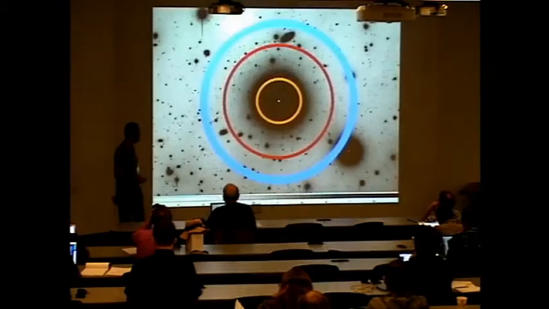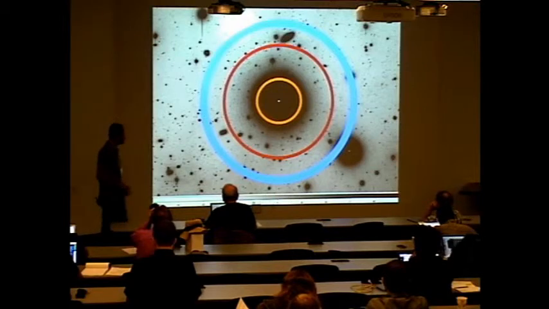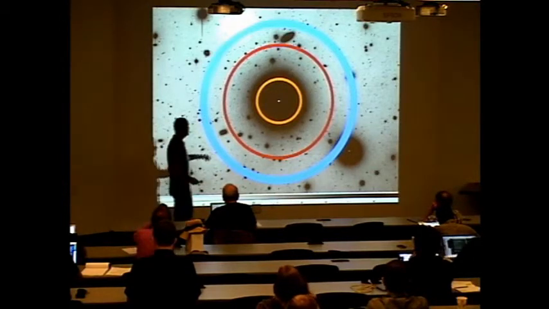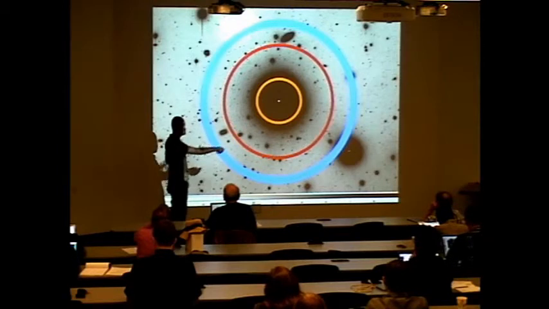I don't know if there will be discussions about whether this galaxy should have a Salpeter or super-Salpeter IMF, whereas we find somehow a smaller IMF, quasi-Kroupa, quasi-Salpeter. Okay, so these are my results. This is what happens if you model the stellar component.